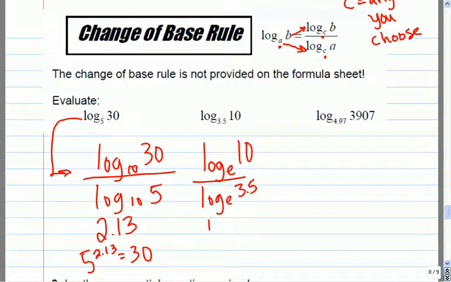And in your calculator, this is the natural log of 10 over the natural log of 3.5. 1.84. So yeah, that looks about right to me, because 3 squared would be 9, so it's probably right around that number. So we're actually finding these exponents without those buttons.